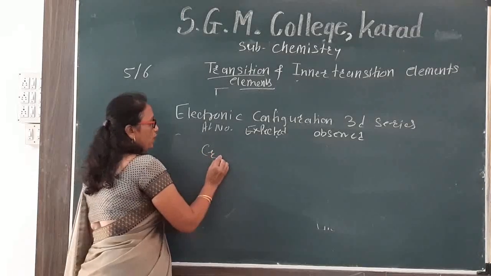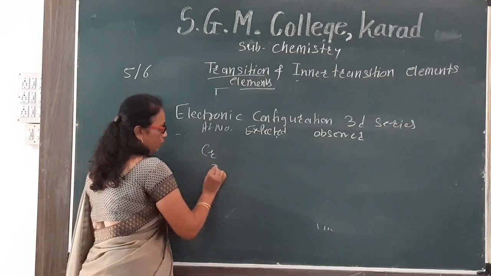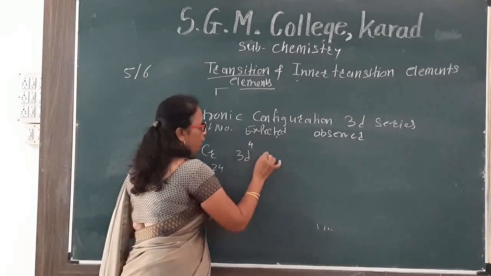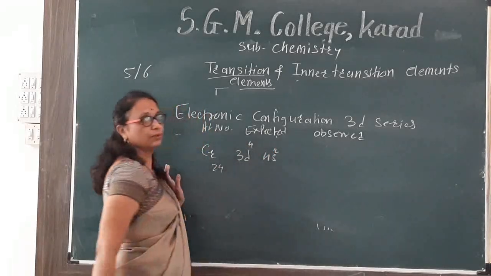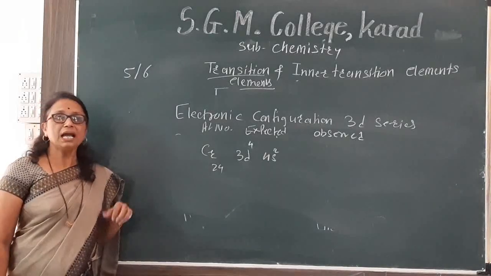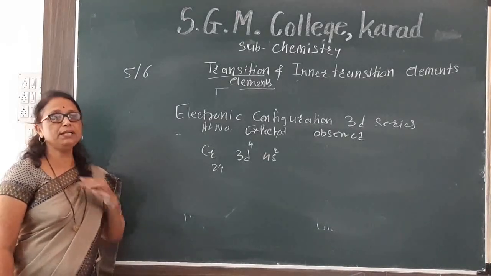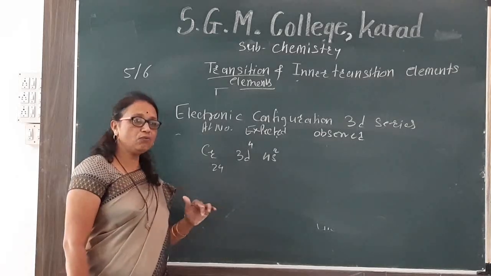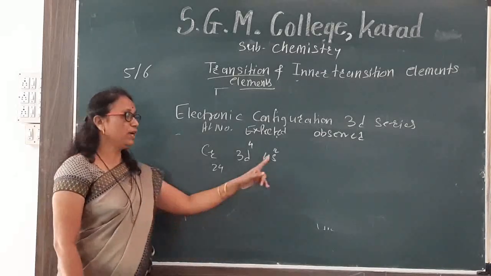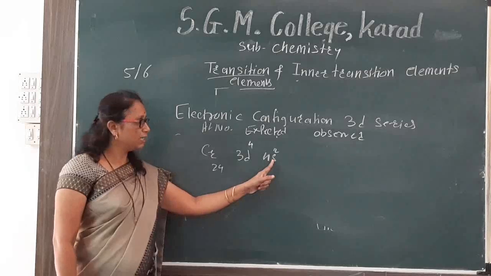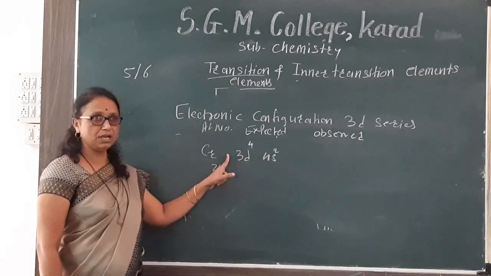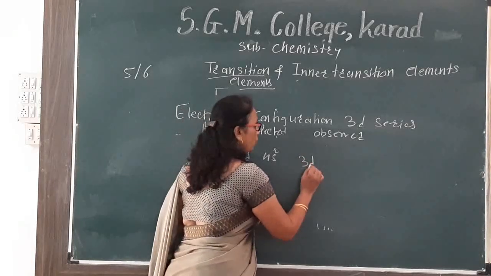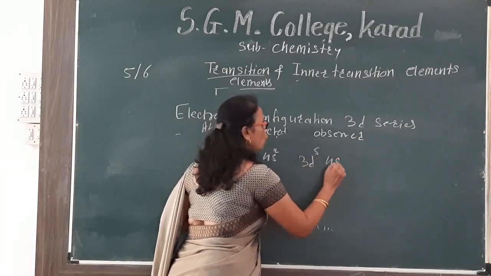In chromium, the atomic number is 24. Expected is 3d4 4s2, but we know half-filled and completely filled d orbitals have extra stability. To acquire extra stability, one electron from 4s transfers to the 3d orbital and the electronic configuration becomes 3d5 4s1.